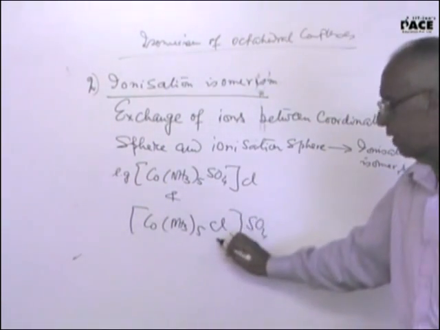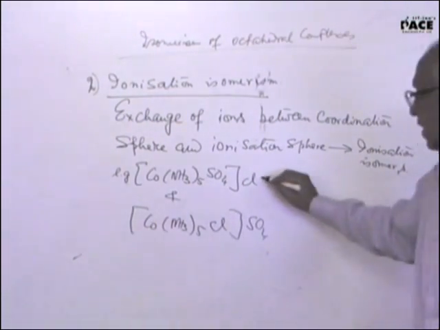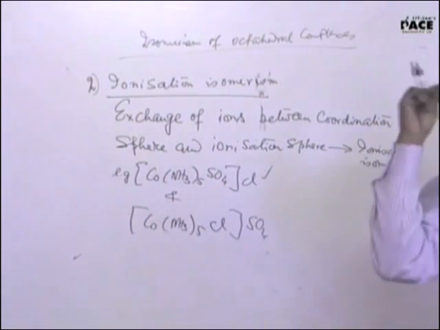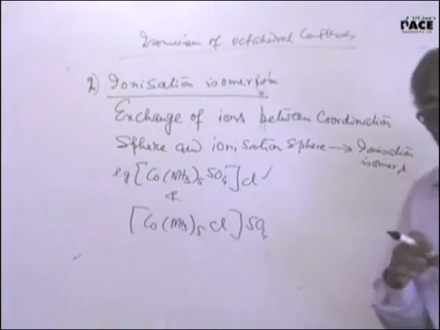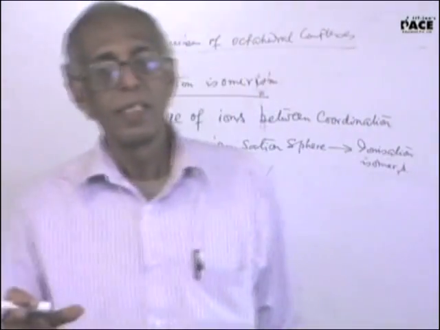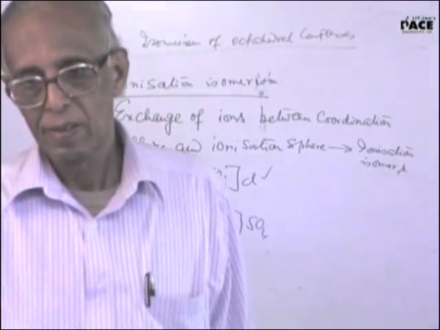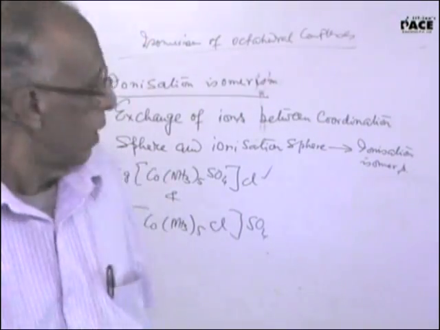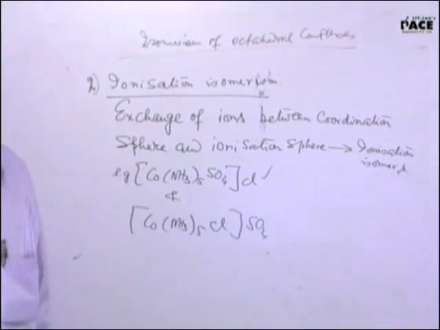If I add silver nitrate, there will be no precipitation of silver chloride in the first, but in the other case the white silver chloride will precipitate immediately. That indicates whether the chloride is within the coordination sphere or not. So the exchange of ions between the coordination sphere and ionization sphere gives rise to ionization isomers.